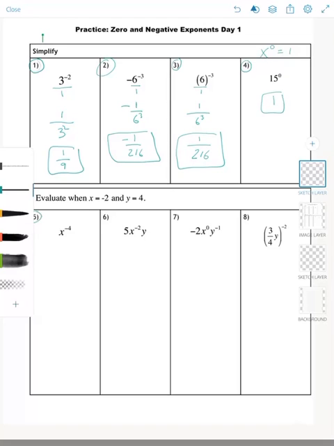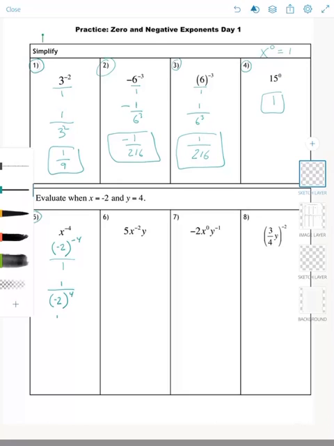Okay, on number 5, now we're evaluating with specific values. So with x equals negative 2 and y equals 4. So remember, you need to use parentheses to substitute because the x is repeated a certain number of times, and so when we substitute, whatever we substitute in needs to also be repeated. So that's negative 2 in parentheses to the negative 4 power, and that's going to be over 1, so we flip it upside down to get a positive exponent, and the base is still negative 2.